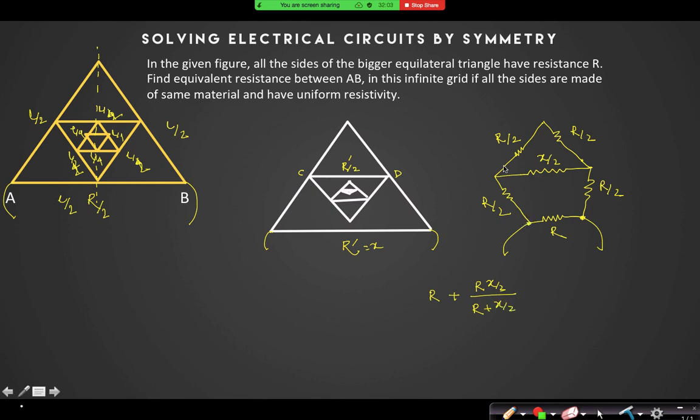And that comes in parallel with R. So again I have to say this into R divided by R plus R plus Rx by 2 divided by R plus x by 2. That equivalent resistance is x. Have you understood that equation? From that equation, if you solve, you will find the value of x.